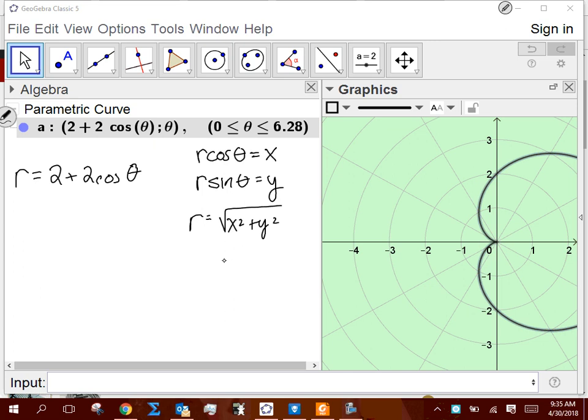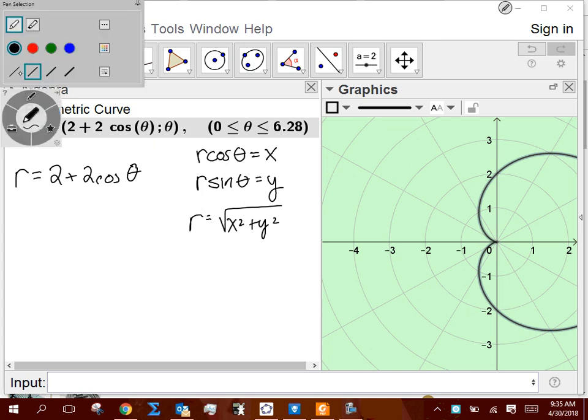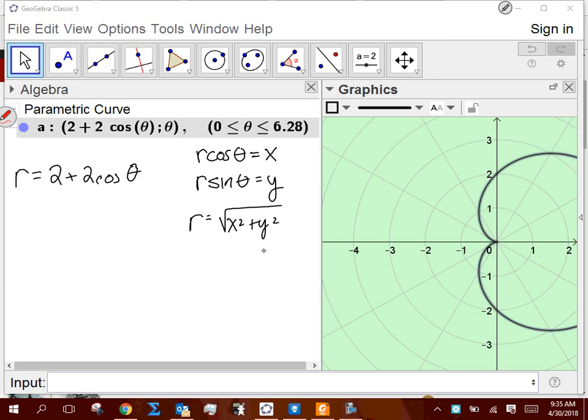Okay? Those are the three things that we need. Now, we might also need the variations of them. For instance, we'll probably use this maybe even a little bit more than the r one. r squared is x squared plus y squared, right? Would you guys agree that cosine theta is just x over r?